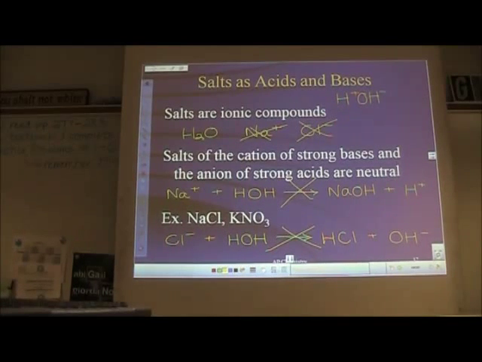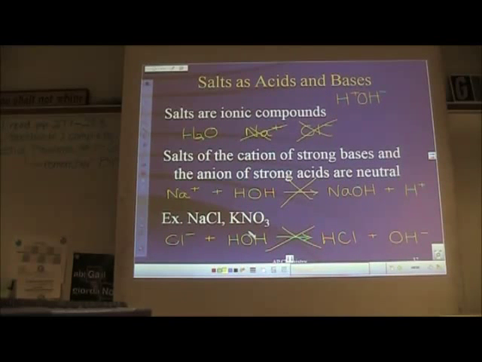Okay? Now, remember I said that you would be able to just look at a compound and without doing any math or anything, figure out, is that a neutral salt? Well, this is the long thought process. This is the chemical reason why the pH stays at 7. But let's look at another example and I'll show you the shortcut way to think of this.